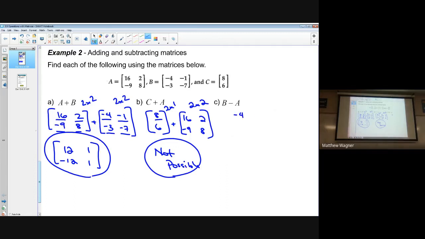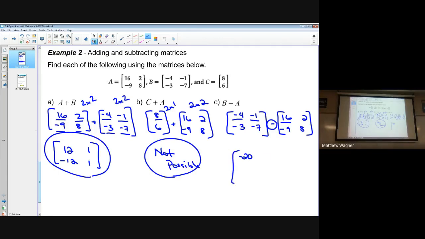And then the last one here, we have matrix B, and we are going to subtract matrix A. Only thing to keep in mind with subtraction is as we subtract, we need to subtract each entry. So negative 4 minus 16 is negative 20.